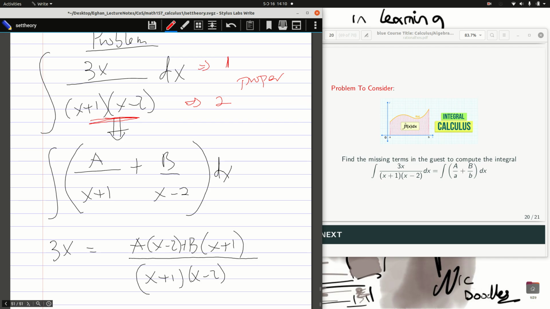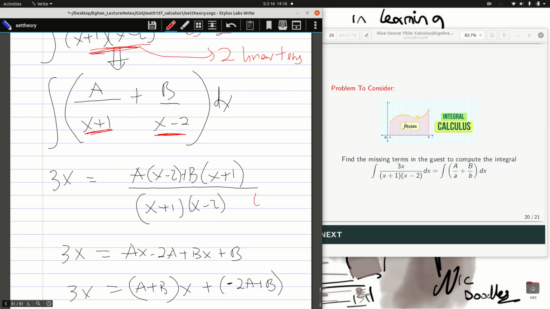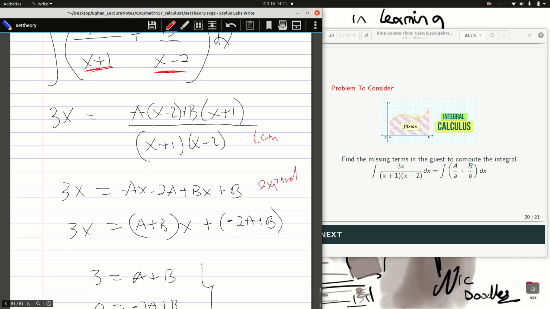I check here, I have 2 linear terms, and so A takes the first term, B takes the second term. And what do I do? I find the LCM, I expand. When I expand the numerator, this is what I'll get, and the B part, this is what I'll have. This will give me the B part, this will give me the A part.